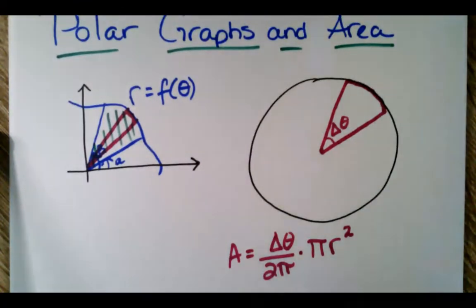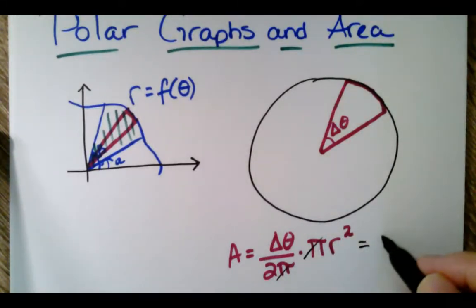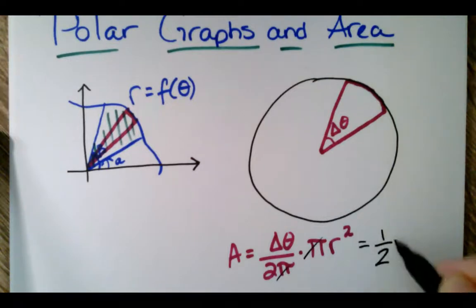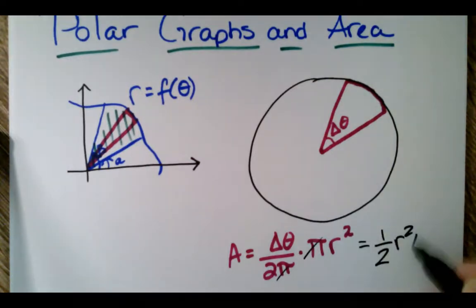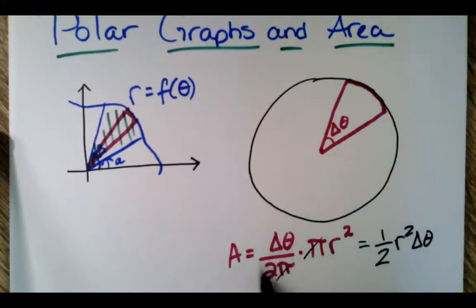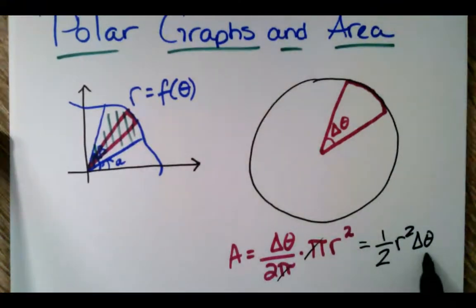Now, notice in our formula here, since we're using radians, our pi's can cancel out. And so this simplifies down to, I'm going to rearrange, and I think you'll see why in a moment, 1/2 r squared, and then I'm putting the delta theta at the end.